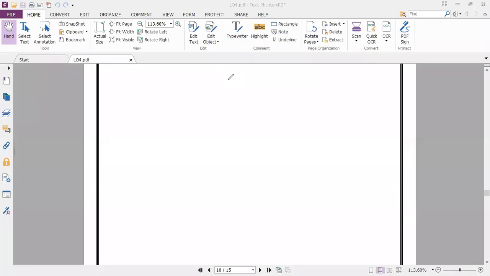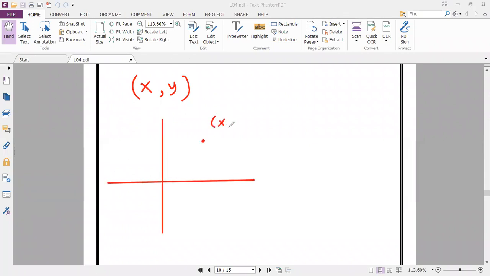Once again, if we have x and y, the Cartesian coordinates, I want to get the polar coordinates. x and y is a point in the xy coordinate plane. How can we get the polar coordinates?